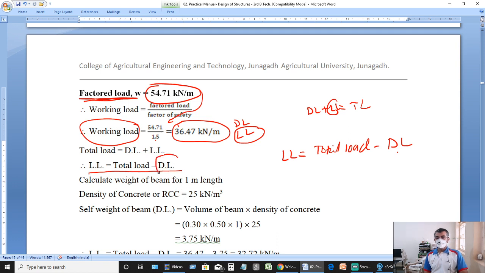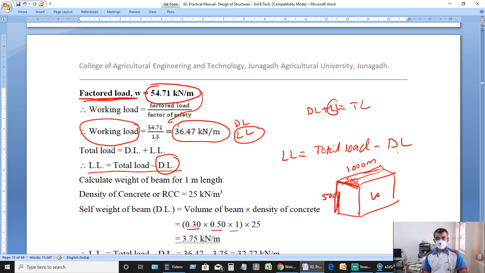So what will be the dead load? So we have the beam, if you assume that the length of the beam is 1 meter, that is 1000 mm, width of the beam is given, that is 300 mm, and overall depth is 500 mm. So the volume will be 300 mm into 500 mm into 1000, so 0.3 into 0.5 into 1.